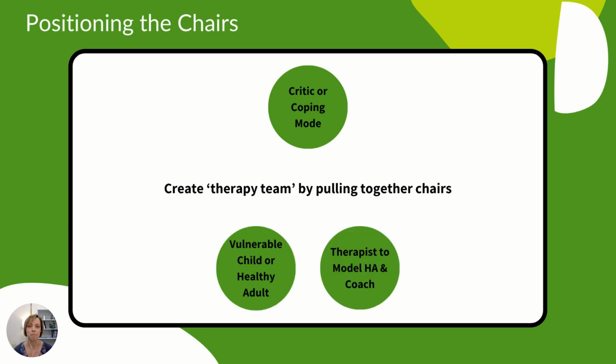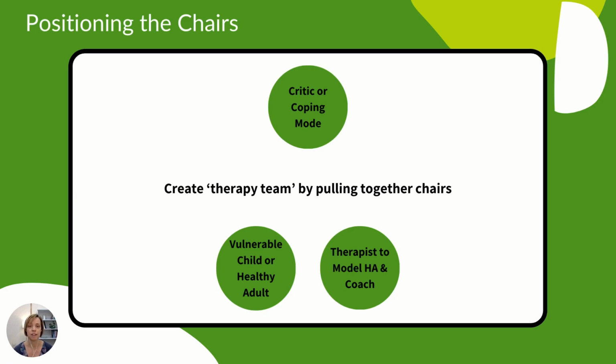And then the second step is to create a therapy team by pulling those chairs together. On the left, you've got a chair that represents the parts of the client that feel, so their vulnerable child mode or their healthy adult mode, keeping it simple and just using the same chair for both of those modes.